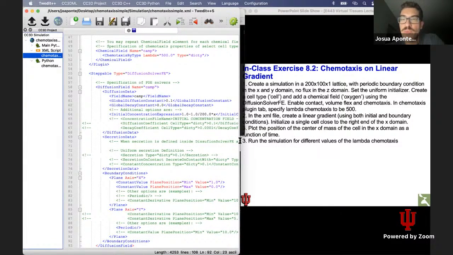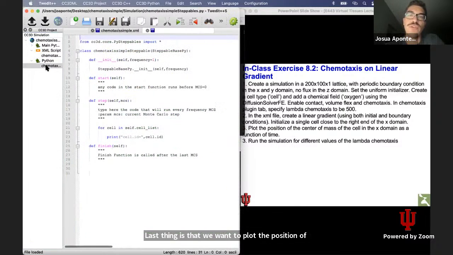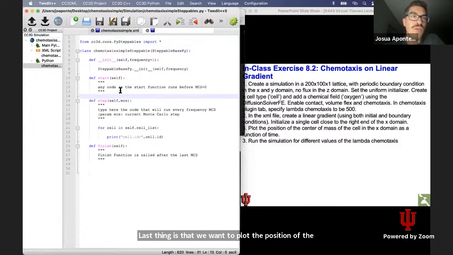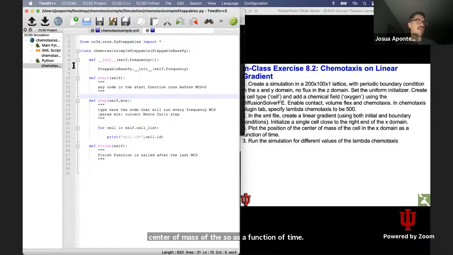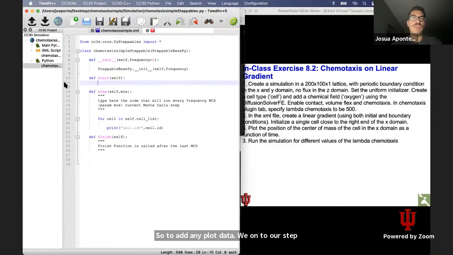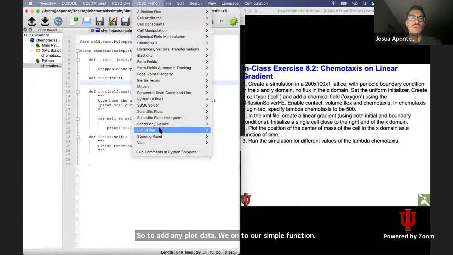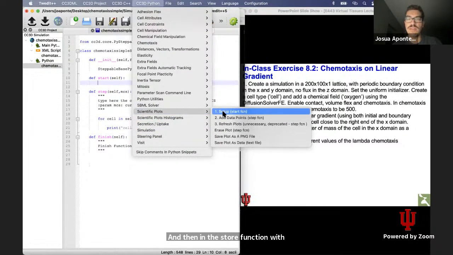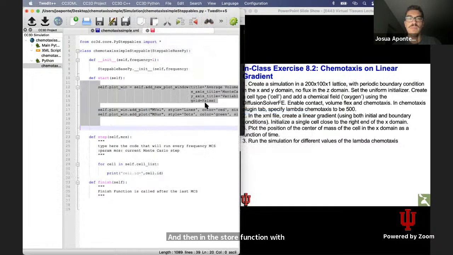Last thing is that we want to plot the position of the center of mass of the cell as a function of time. So to add any plot data, we come to our step-level function, and then in the store function, we use scientific plots setup.